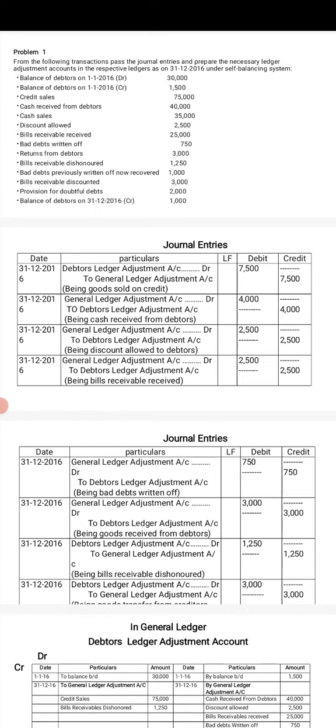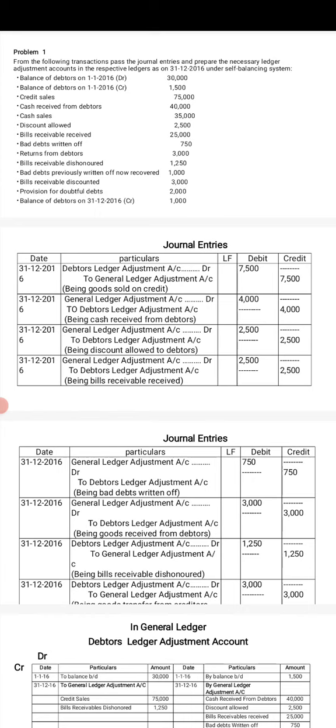Again, for bills receivables received, the entry will be general ledger adjustment account debit to debtors ledger adjustment account, 25,000, 25,000. Next, for bad debts written off, rupees 750, the entry will be general ledger adjustment account debit to debtors ledger adjustment account, 750, 750.